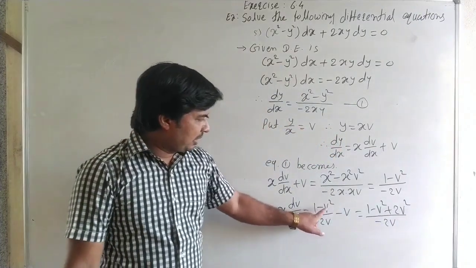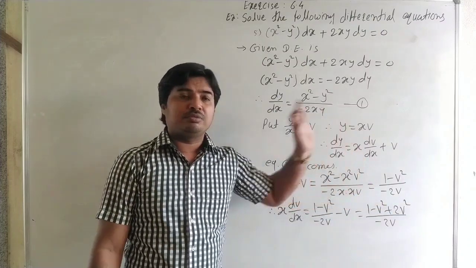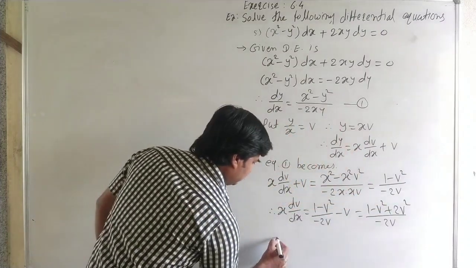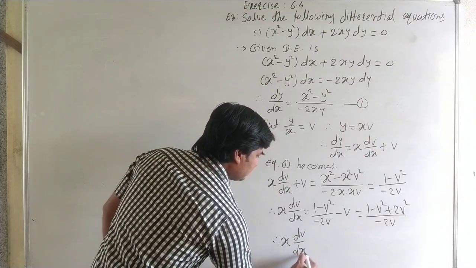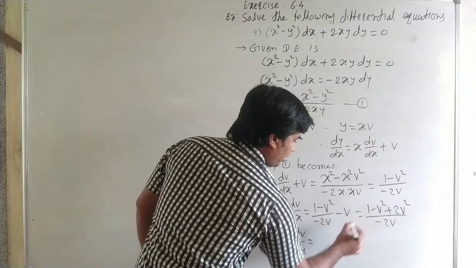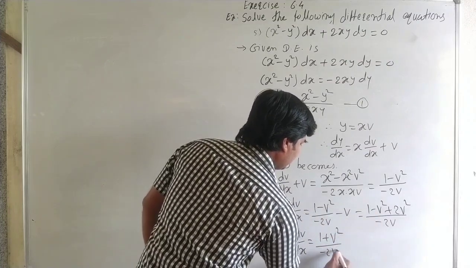Here 1 minus v square and it is minus 2v and minus v, it is plus 2v square upon minus 2v. And then x dv by dx is equal to 1 plus v square upon minus 2v.